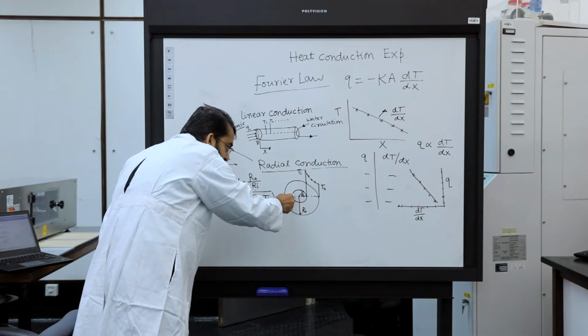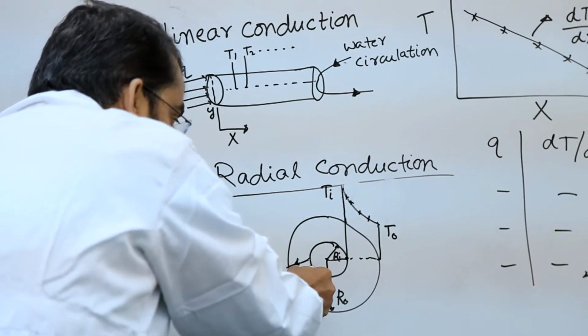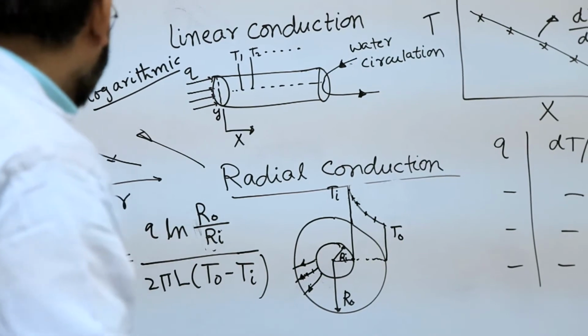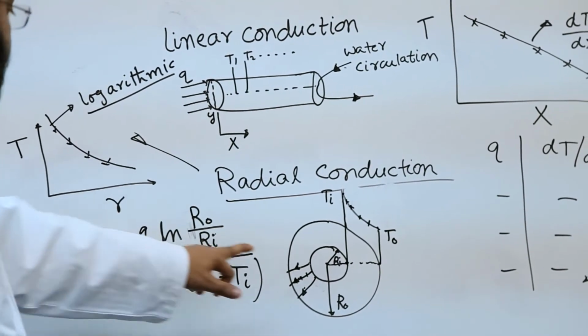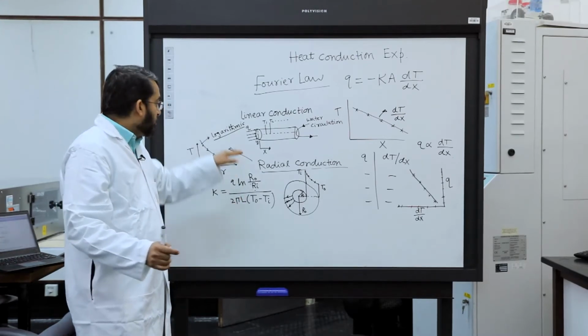So, the maximum temperature is here. There will be a temperature drop along the radial position, and we have sensors at different positions. You measure the temperature at different radial positions. In this case we do not expect the profile to be linear, it will be logarithmic.